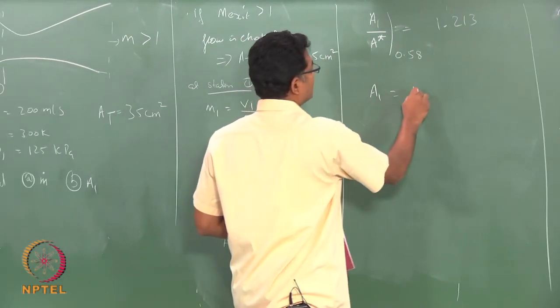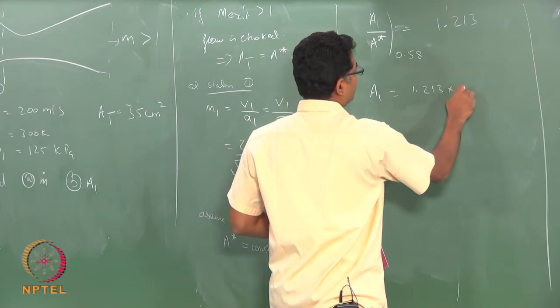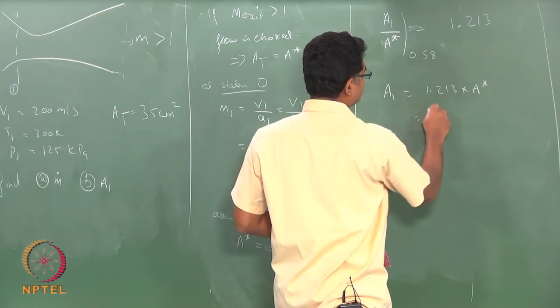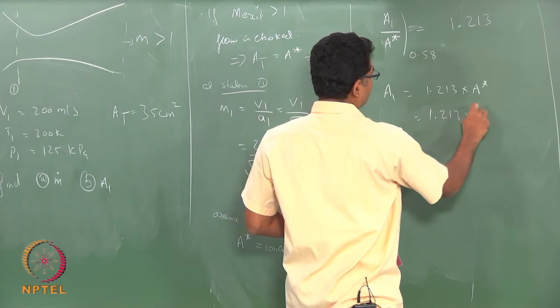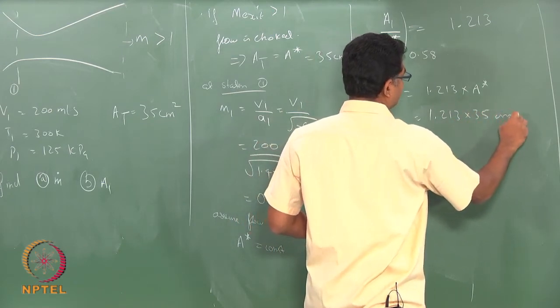So, my A1 is 1.213 into A star, which is 35 centimeter square.